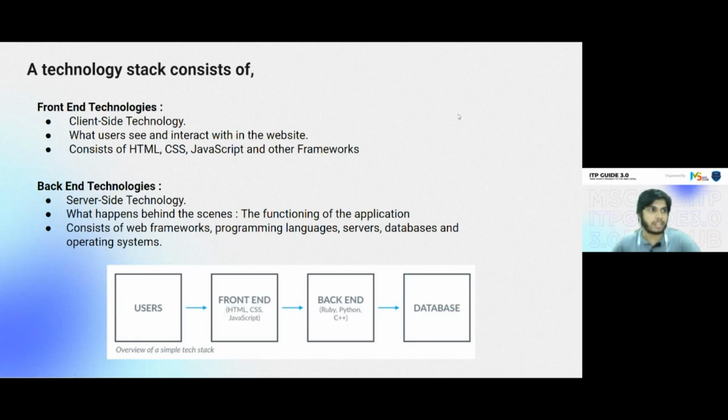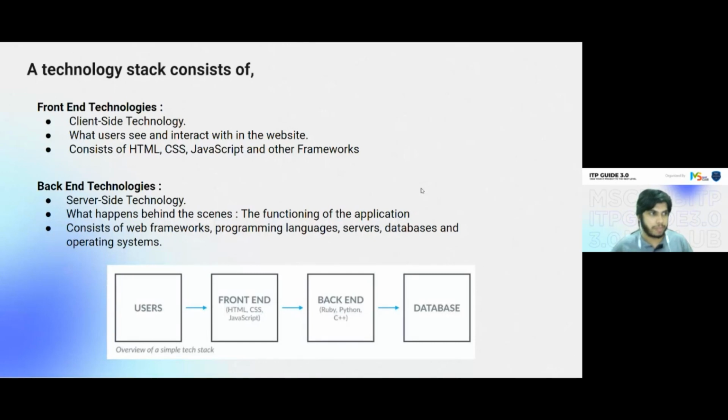A front end usually consists of HTML, CSS, and JavaScript, and you can also use other frameworks as well. When it comes to backend technologies, they're also called server-side technologies. It is basically what happens behind the scenes: the functioning of the application, the server side, the data and all that. That is included in the backend technologies.